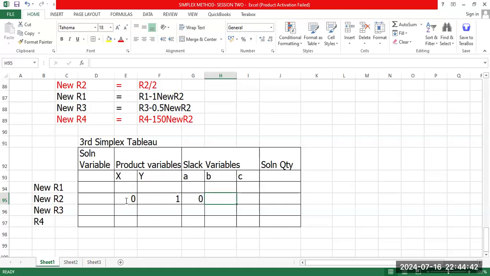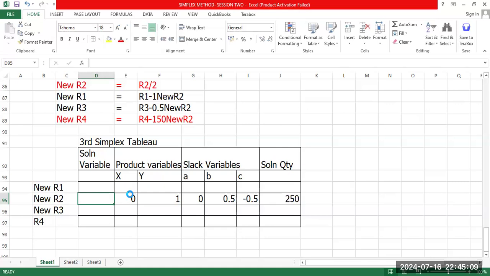B is what? 0.5, positive. Next, negative 0.5. Then 250.